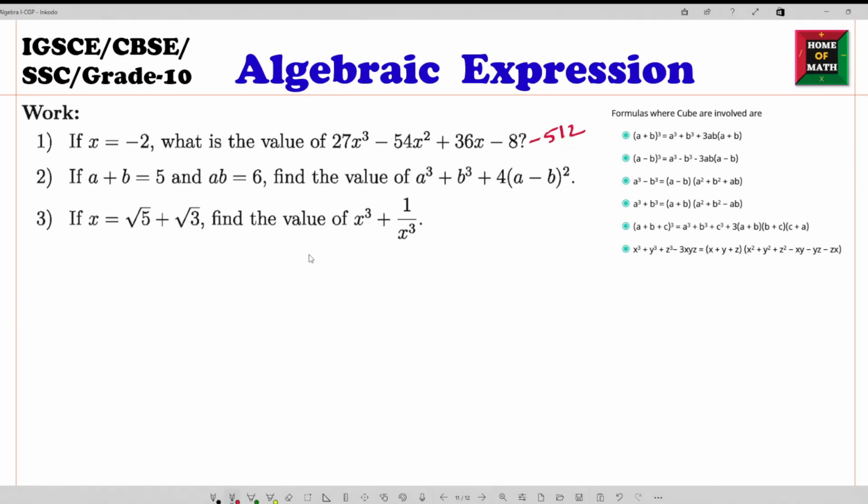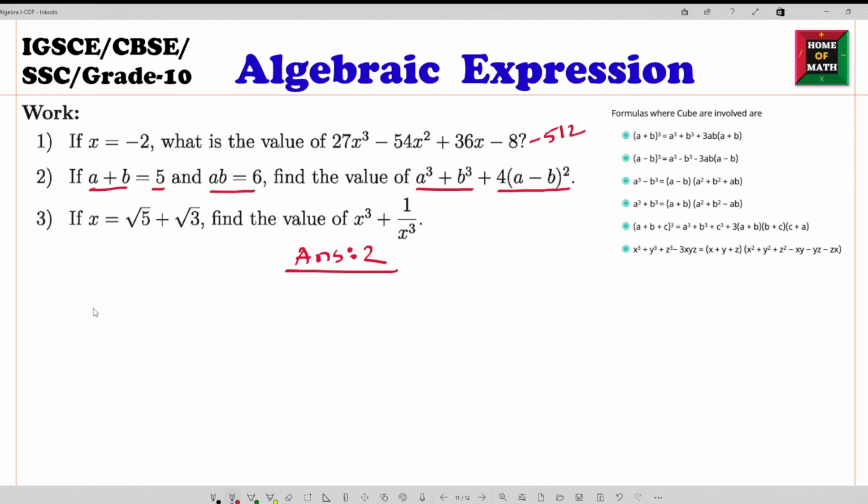Second question. If a plus b equals 5, ab equals 6, find the value of a cube plus b cube plus 4 times a minus b whole square.